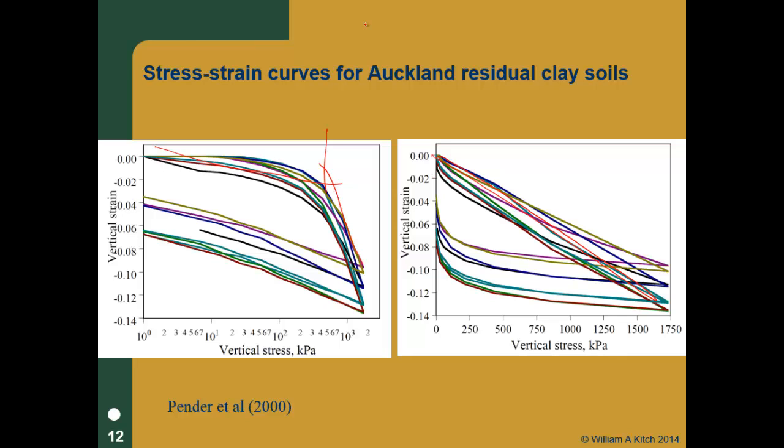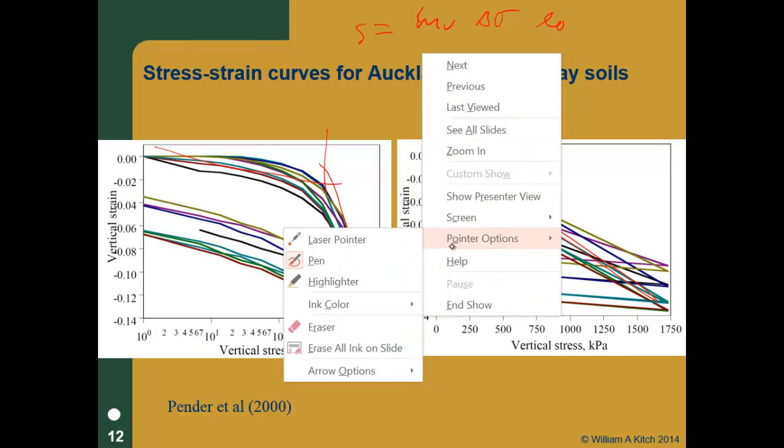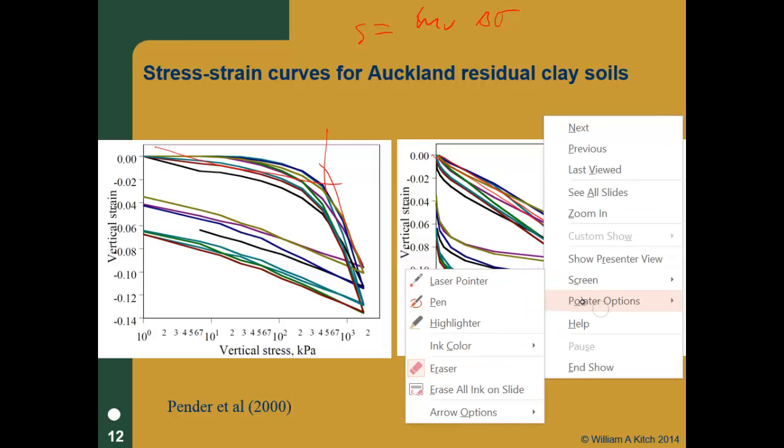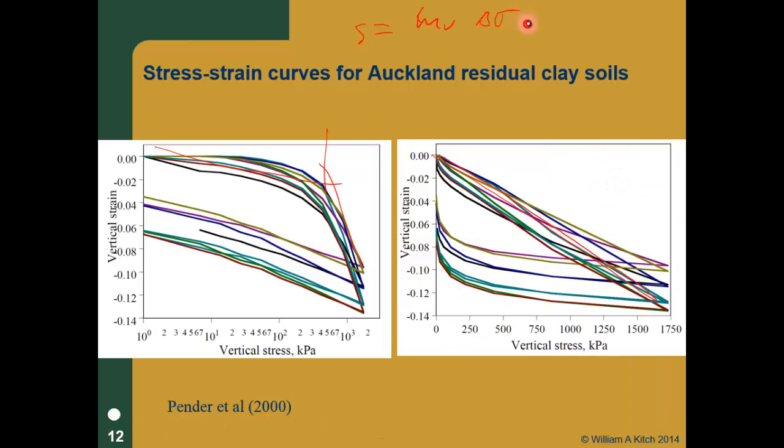In this case, the settlement is just going to be equal to m sub v times delta sigma times the original thickness; usually you write it as h, the thickness of the layer.